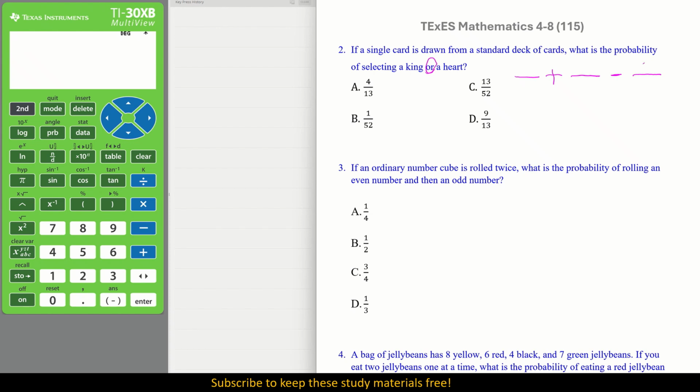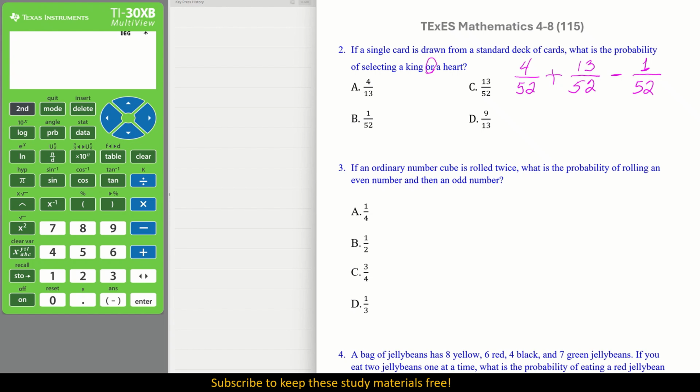There is one instance where we have a king that is a heart out of the 52. Let's see, kings, we have 4 kings. And then out of the 52, hearts, we have 13.